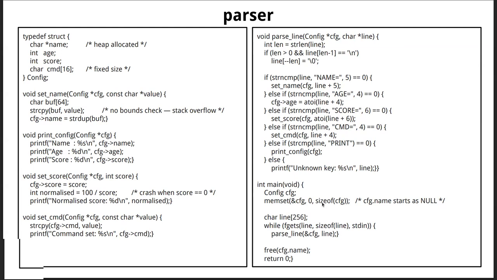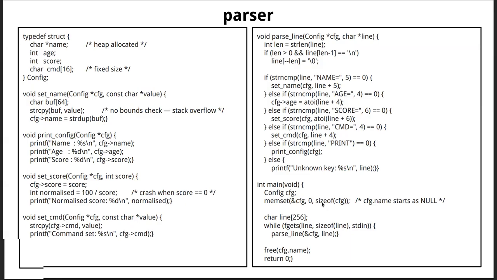First, we create a local buffer of 64 bytes. Then strcpy to the local buffer. There could be a buffer overflow, right? You can overflow the buffer, you can overflow the return address. That's a bug, right? Then it will use the C library function strdup to make a copy of that string.